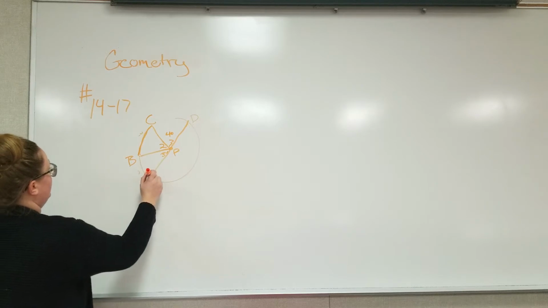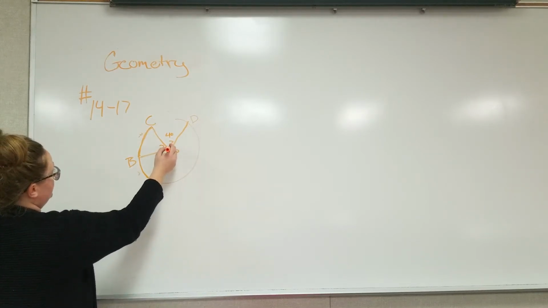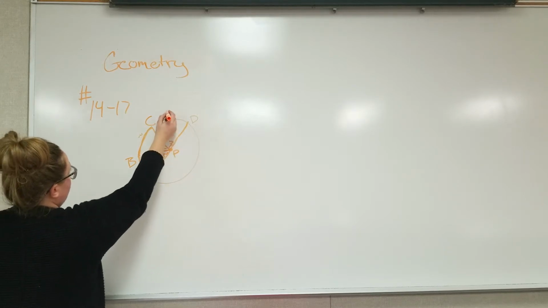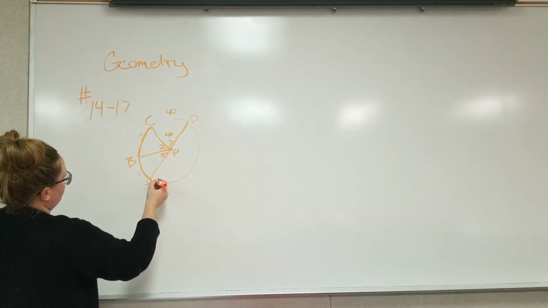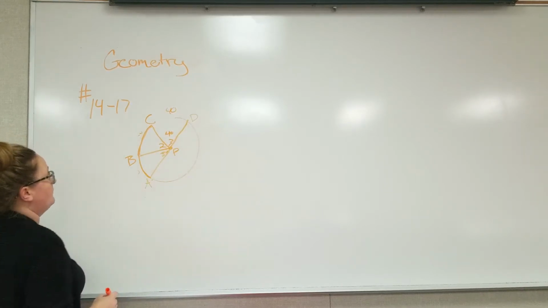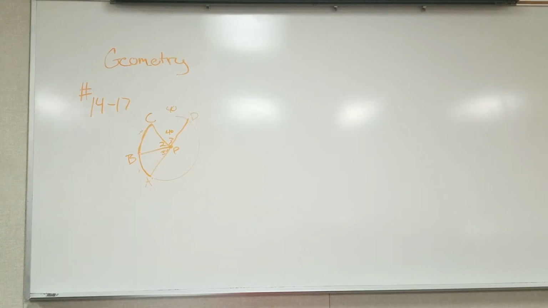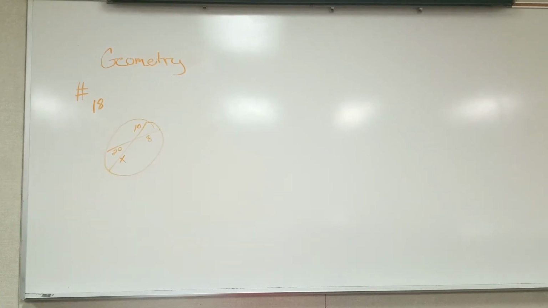So ABC goes all the way from here to here. So this is a central angle. If the angle is 40, then the arc is 40. This is a half circle, so 180 should be from here to here, but we got to minus that 40. So 180 minus 40 is 140 degrees.